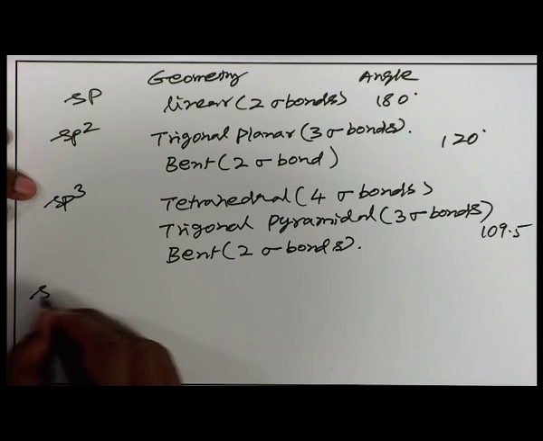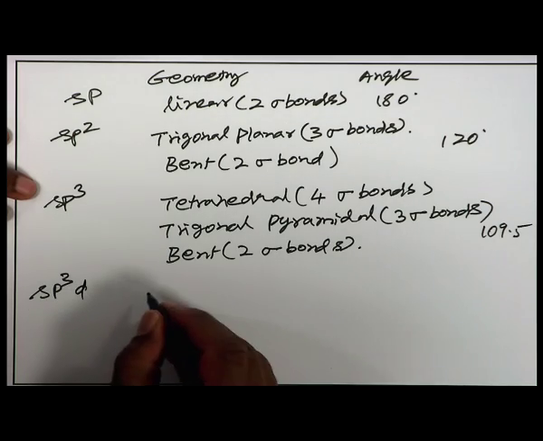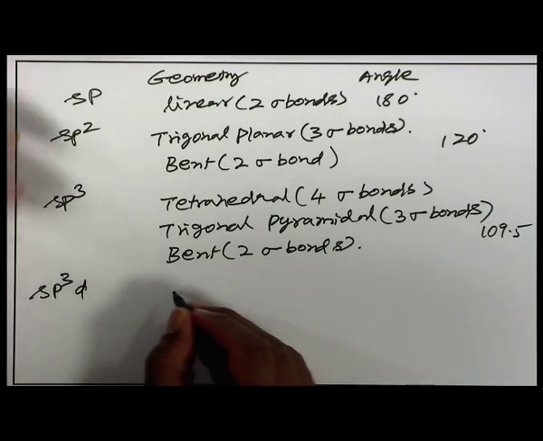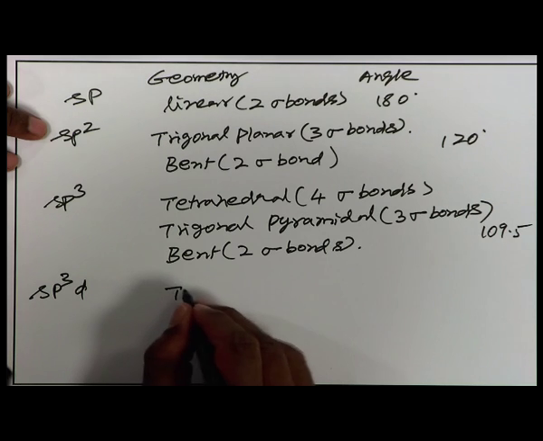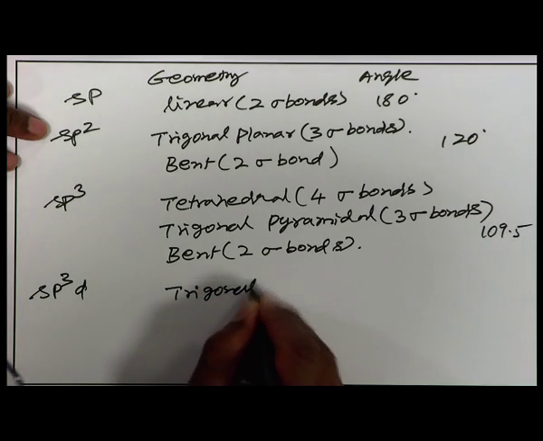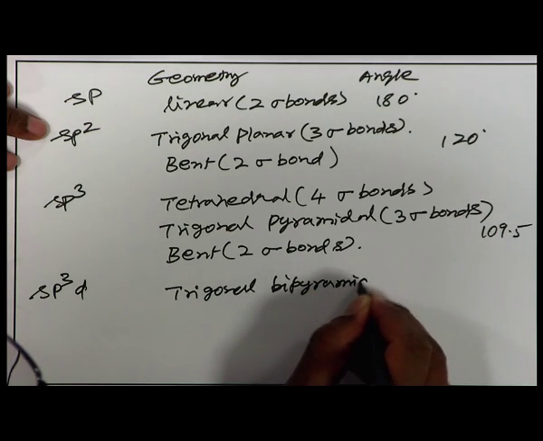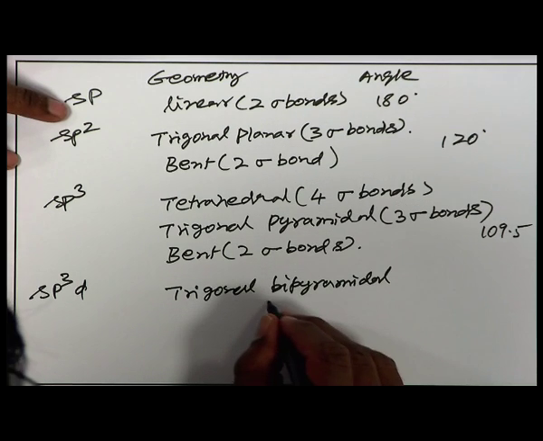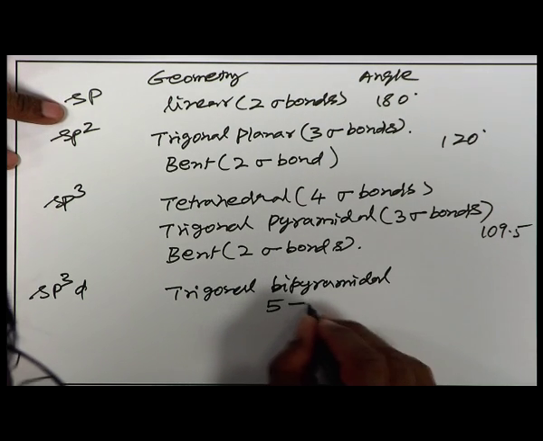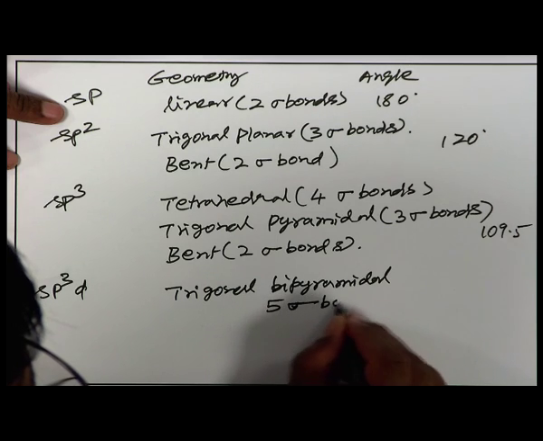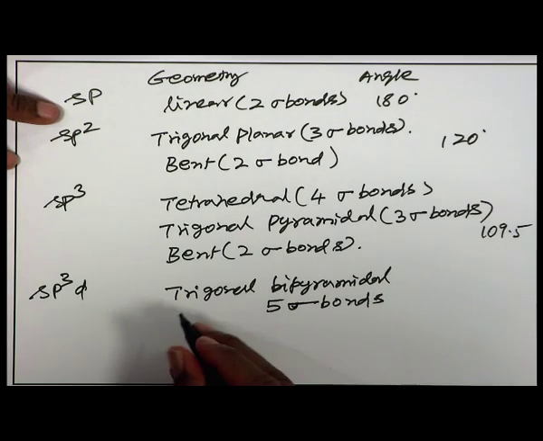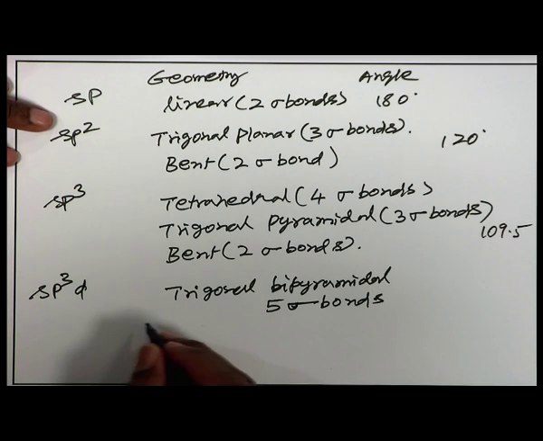Then you have sp3d hybridization, which gives a trigonal bipyramidal geometry. That means it has 5 sigma bonds.